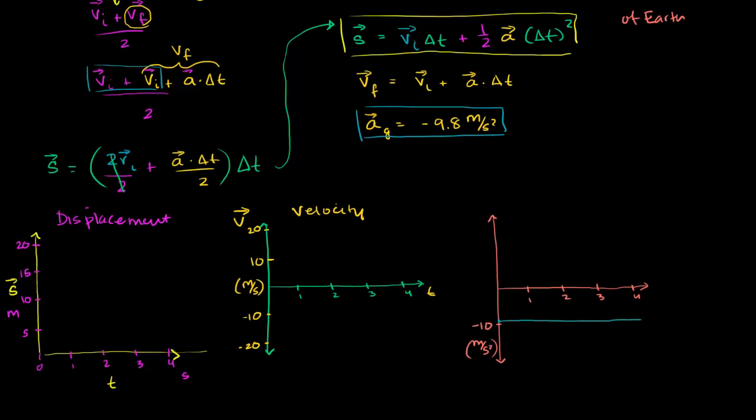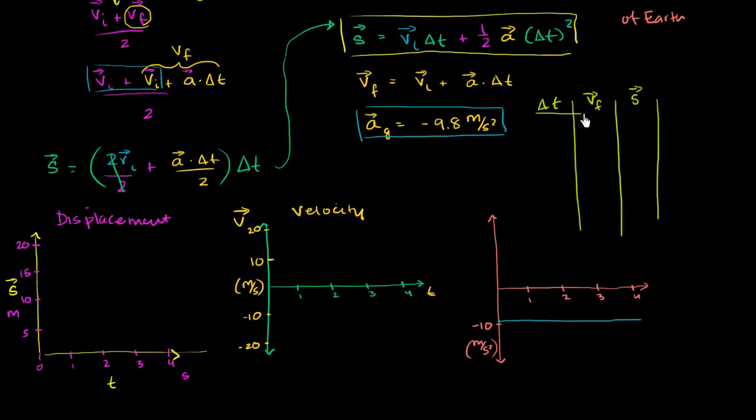So let me draw a little table here. In one column, I will do change in time, or sometimes you could view that as time. Let's figure out what our final velocity is, or I should really say our current velocity, or velocity at that time. And then in this column, I'll figure out what our displacement is.